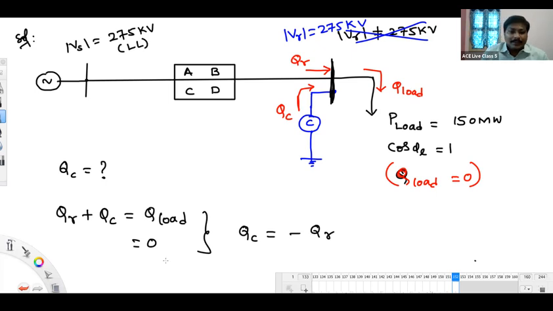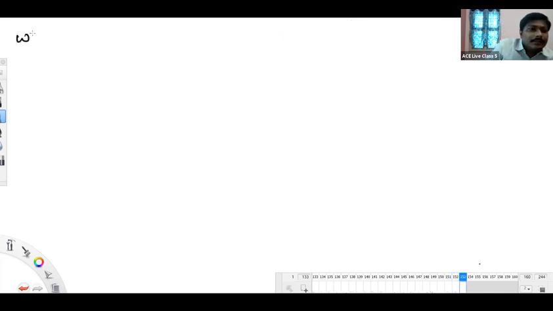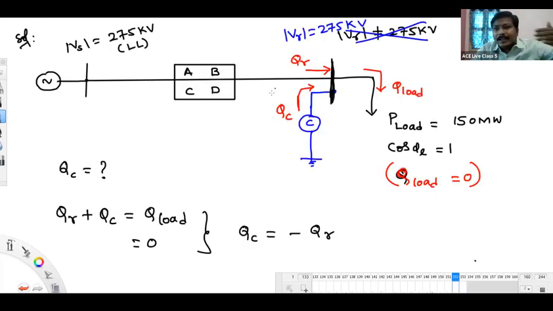Okay, now take up the QR equation that we have already derived in terms of ABCD. After that, we will think what to do further. QR is the reactive power injected by the transmission line into the bus, the so-called receiving end reactive power injection.